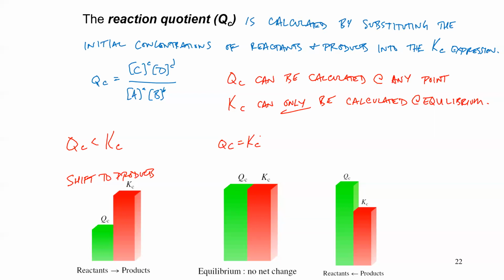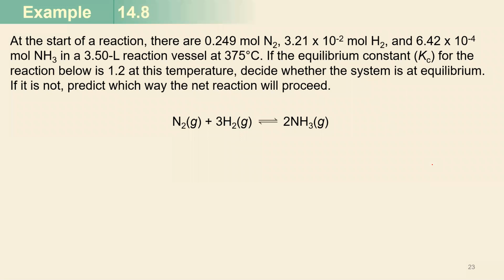If our Q value is equal to the equilibrium constant, then we are at equilibrium. And then if Qc is greater than Kc, that means we have too many products, not enough reactants. We're going to shift to the reactants. Okay. And so Q is helpful in letting us know which direction we need to go in order to reach equilibrium.